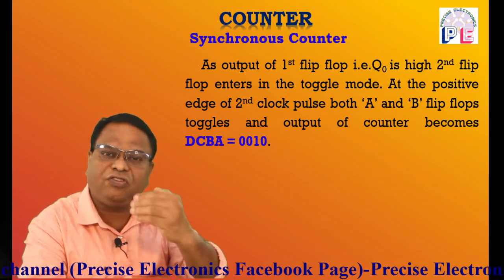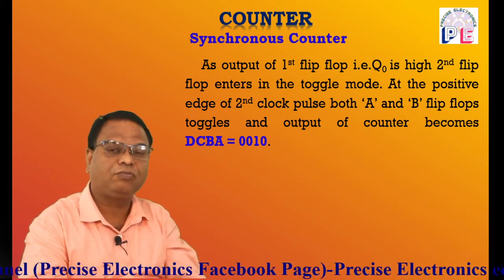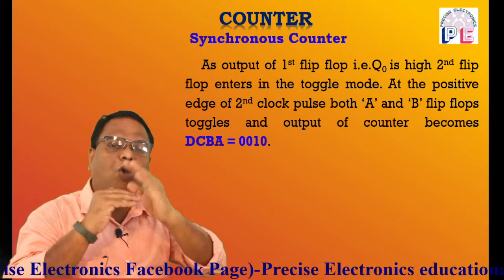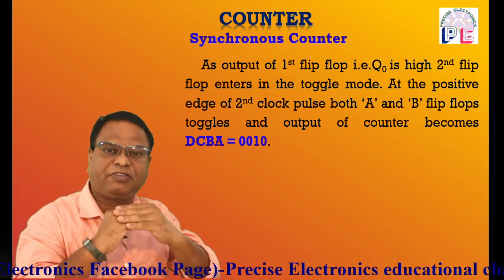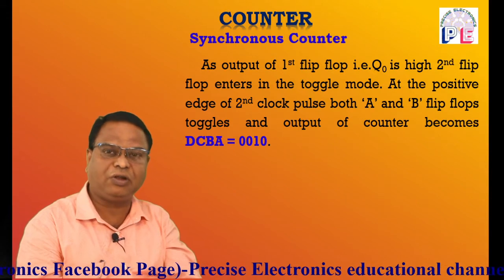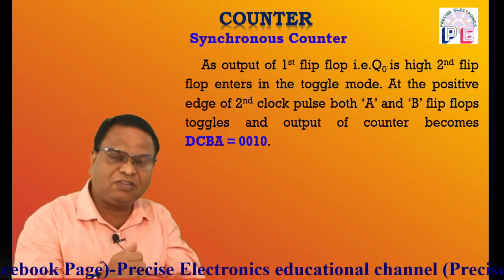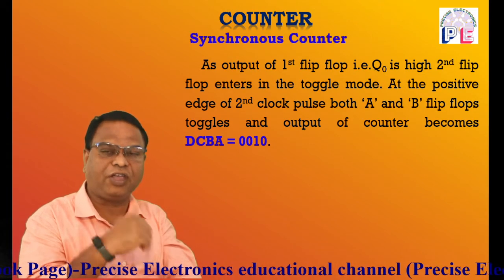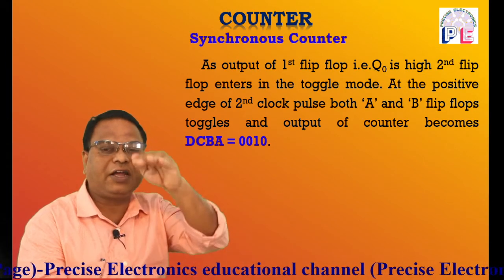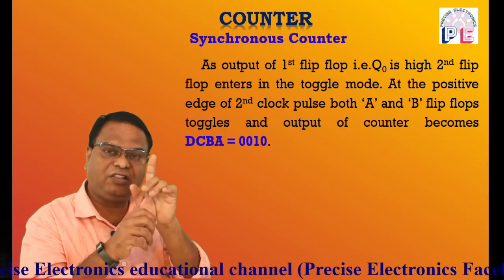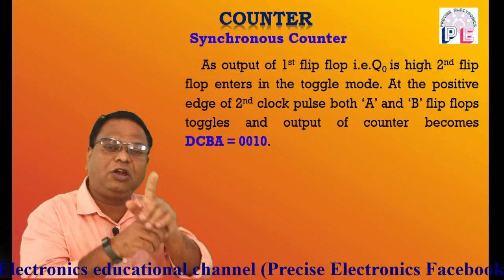B flip-flop changes its state because when the first clock applies, the output of first flip-flop, that is A, goes to high level. That means first flip-flop is in set mode. That means J and K input of second flip-flop are already connected to high logic. So obviously the second flip-flop is in toggle mode.